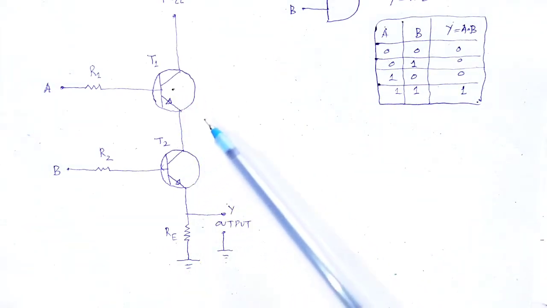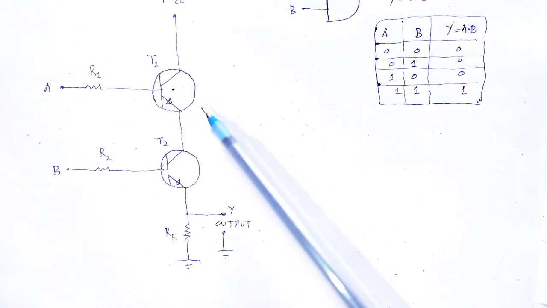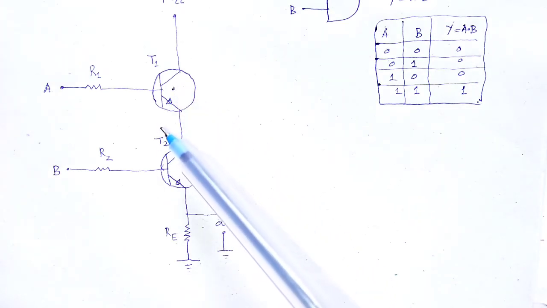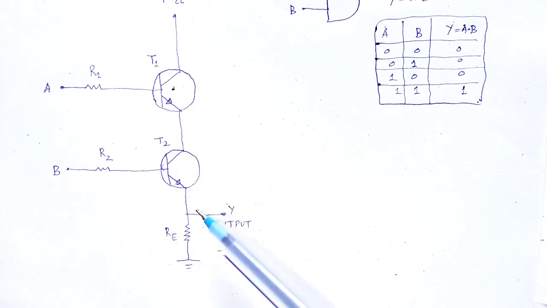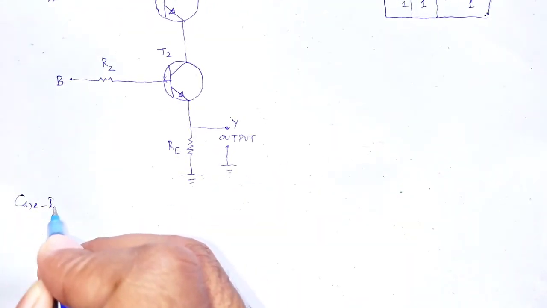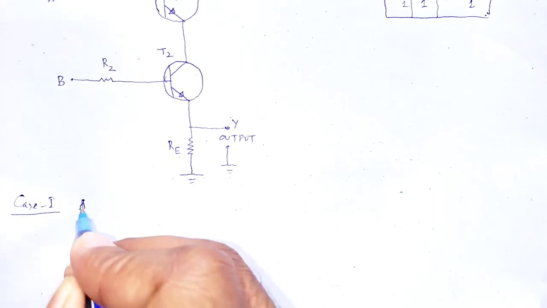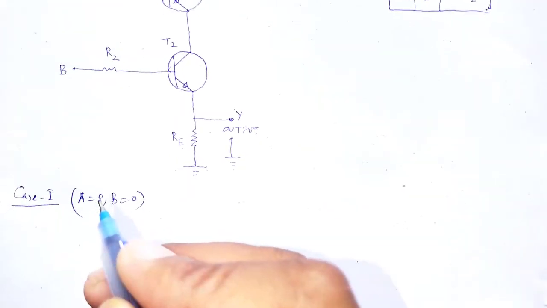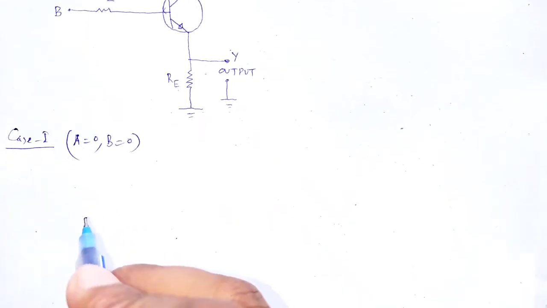So these two are just like a switch in off condition, and at output we have off. So it is clearly shown that case number 1, as A is equal to 0 and B is equal to 0, what we have?